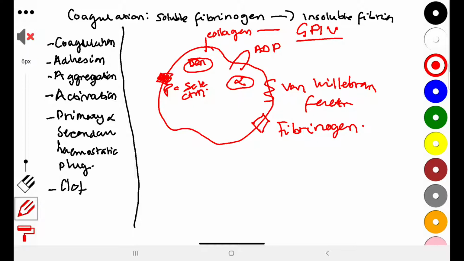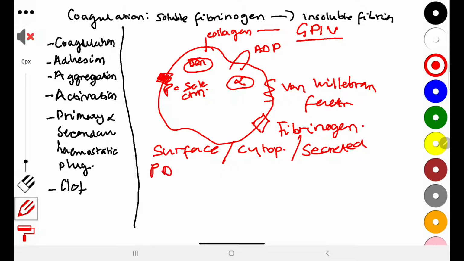So we have surface components, cytoplasmic components, and secreted proteins. Secreted proteins refer to things such as platelet-derived growth factors, and some clotting factors such as 5 and 8 and fibrinogen, and so on and so forth.